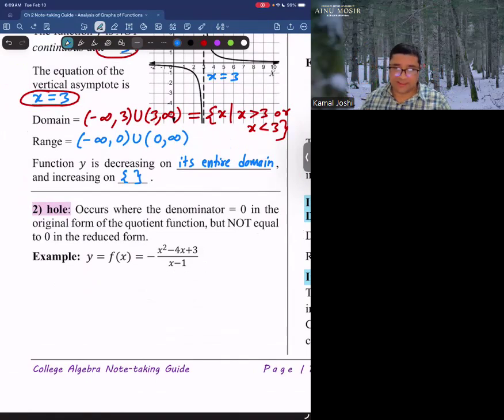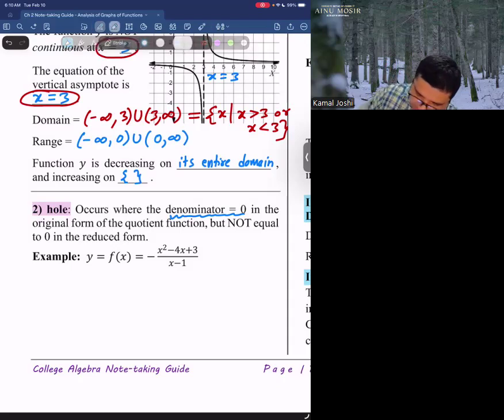That's called a hole in the graph. And it turns out this also occurs when the denominator is 0, just like in the case of a vertical asymptote. But something should be different, right? And what is that? In the original form, the denominator is 0, but by the time you reduce it, it's not equal to 0 anymore.